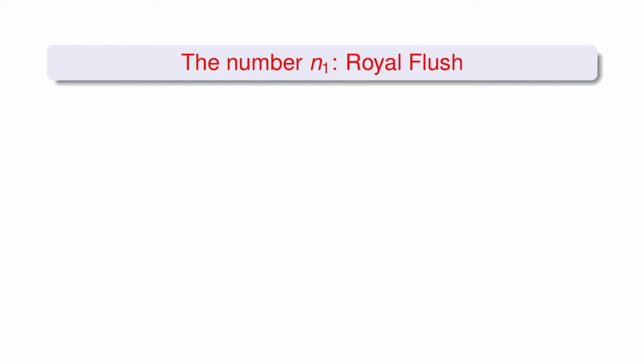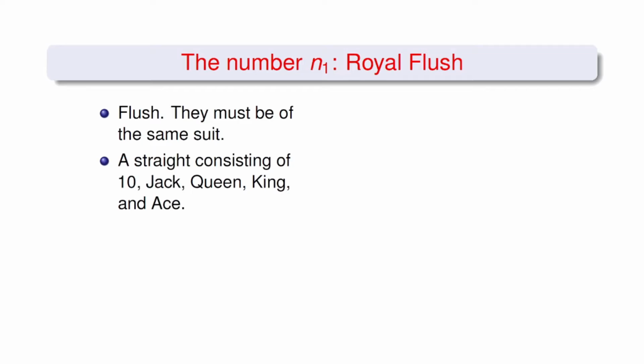Next, let's try to find how many possible royal flushes there are, the number N1. In order to be a royal flush, firstly it must be a flush. They must be of the same suit. Secondly, it must be a straight consisting of 10, Jack, Queen, King, and Ace.